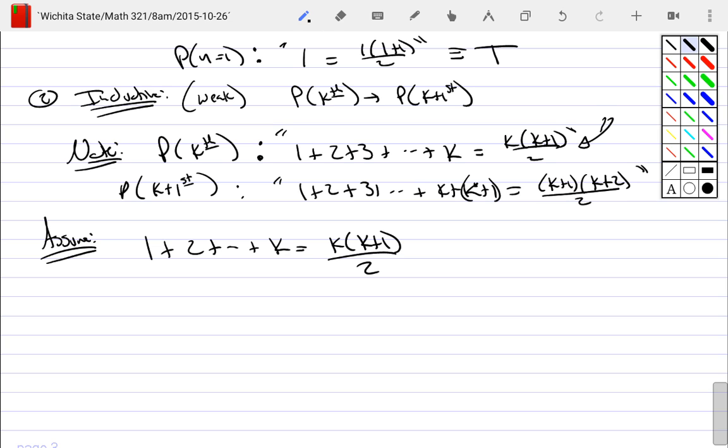We assume, we show. There are two ways to do this. How do you show things are equal? If you need to show an equality, there are two ways to do it. One, start with an equality and do things that you're allowed to do to an equality. Add like things to both sides, multiply except for 0 on both sides.